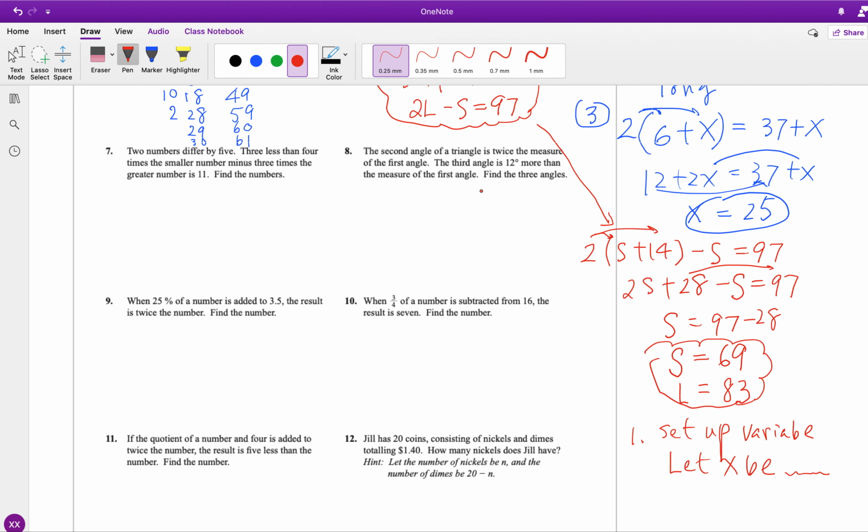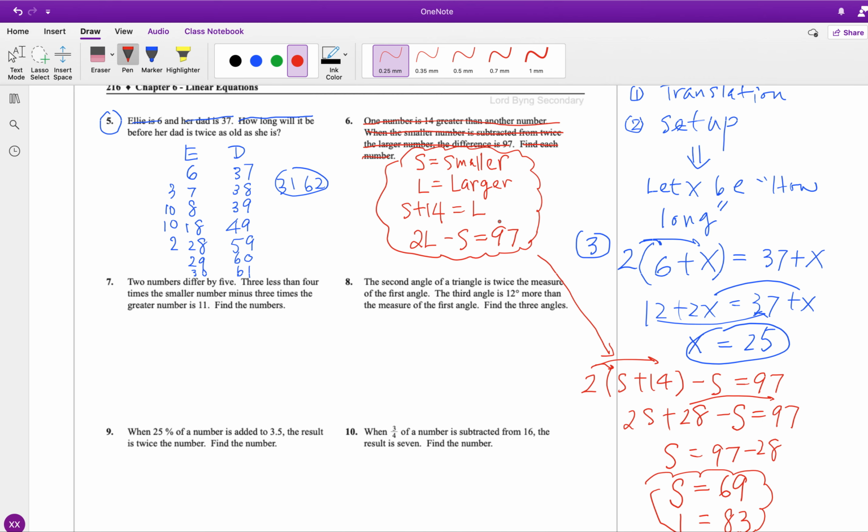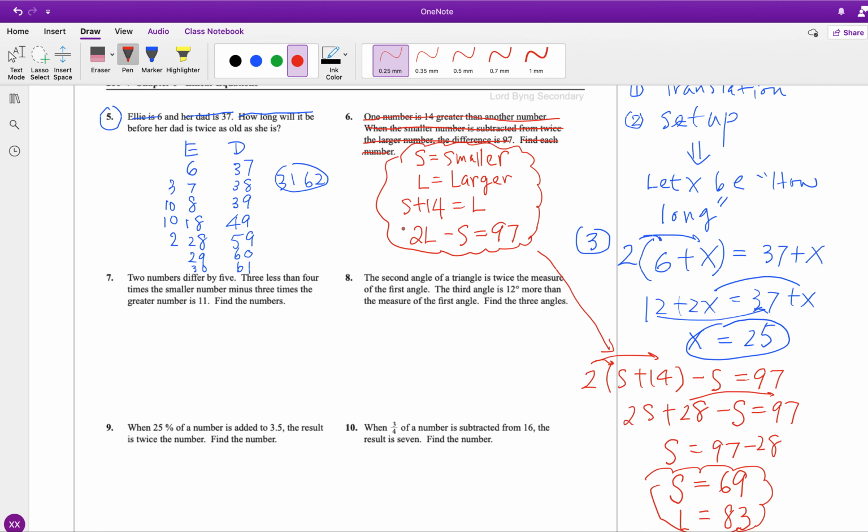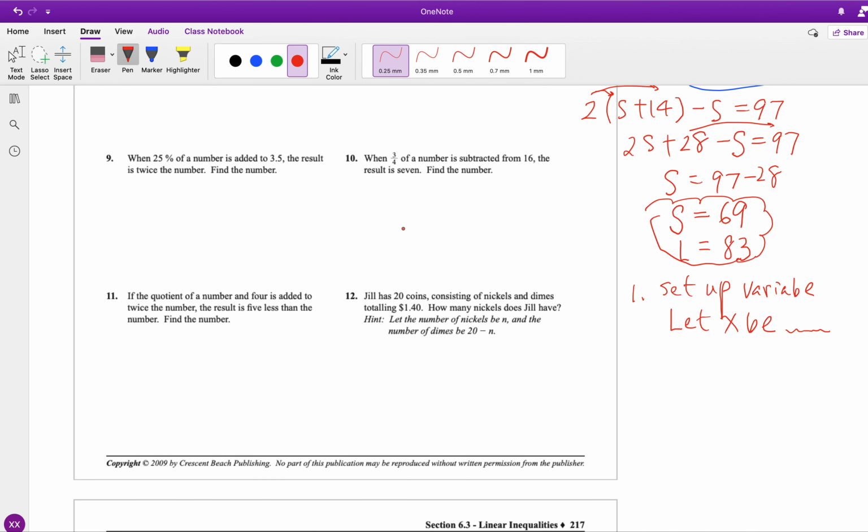Find the 3 angles. Yes, let x be one of the angles, and then all the other ones are related to this one angle, right? How long? Let x be how long. So hopefully you got a taste of what let x be means. All right.